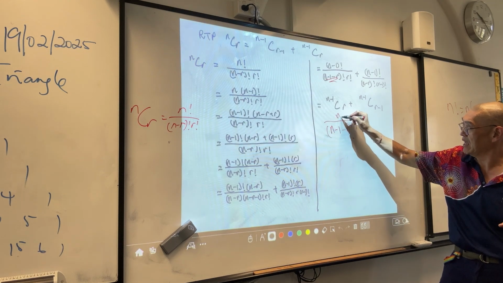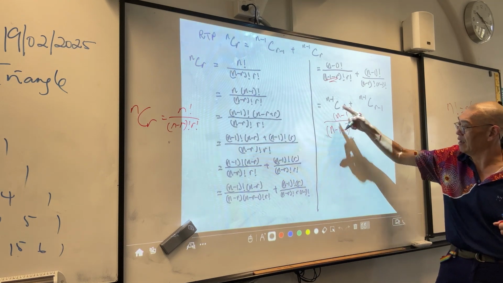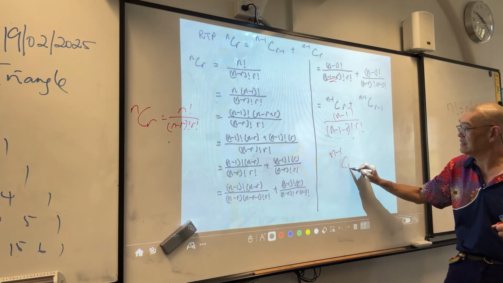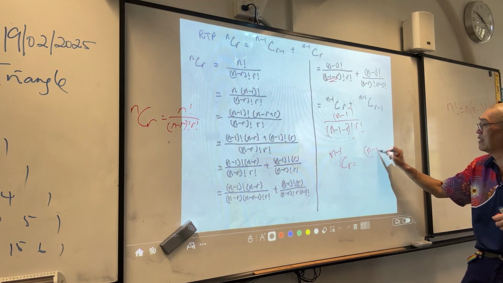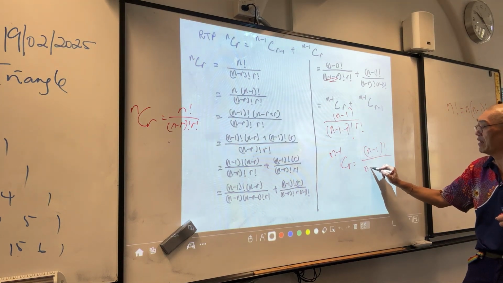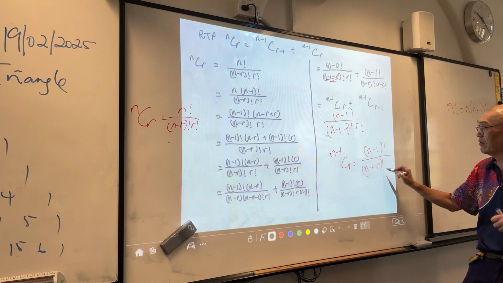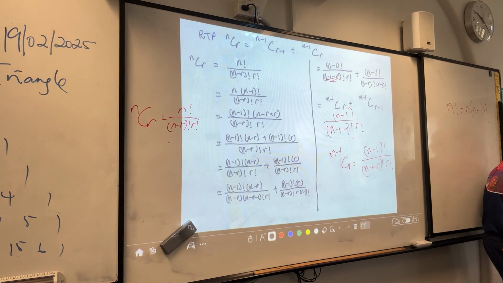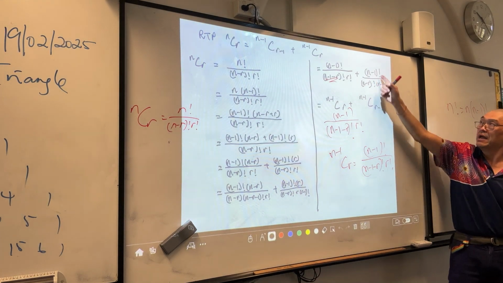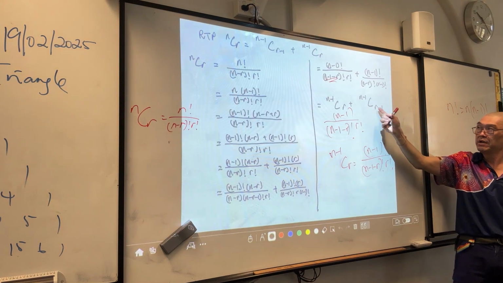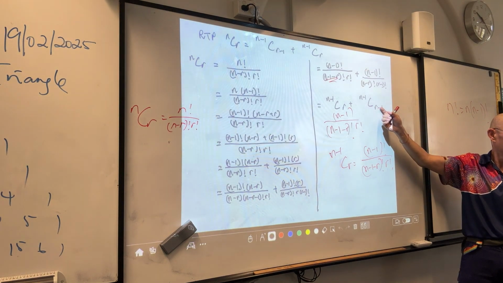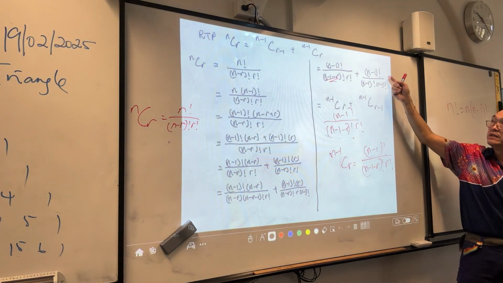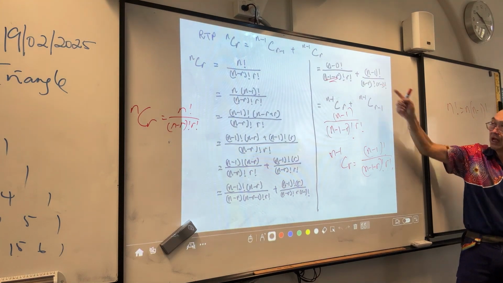Okay, if you expand this, n minus 1, nCr equals n minus 1 factorial over n minus 1 minus r factorial and r factorial. Correct? Yeah? Yes, yes, no problem. And then this is the same thing. What is n minus 1 C r minus 1? Expand that, you will see that it's the same as that one.